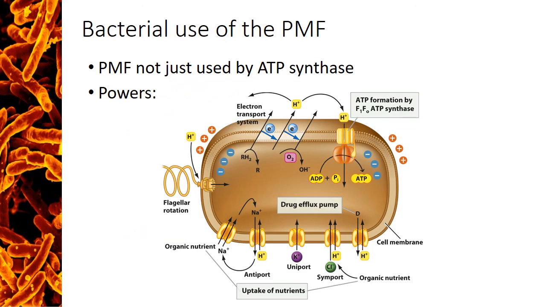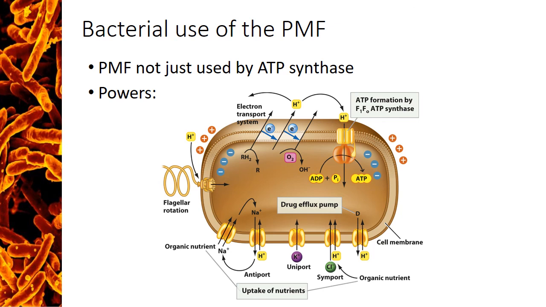An important thing to note is that in bacteria, the proton gradient created by the electron transport system is not just used to power ATP synthase. In eukaryotes, that gradient is trapped within the mitochondria, and it's used exclusively by the ATP synthase within that mitochondria. But in bacteria, the proton gradient is generated outside the cell and can be used by any number of cell membrane proteins.